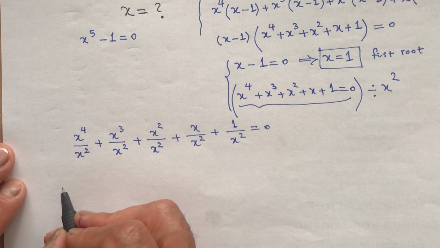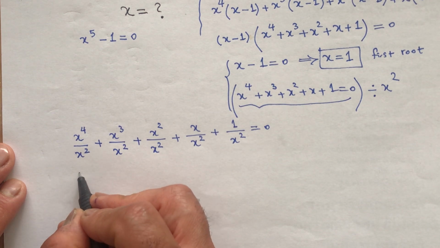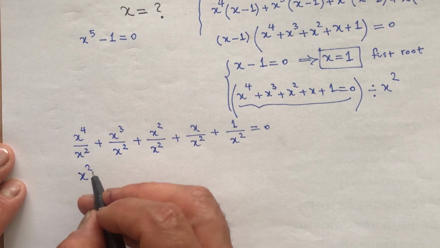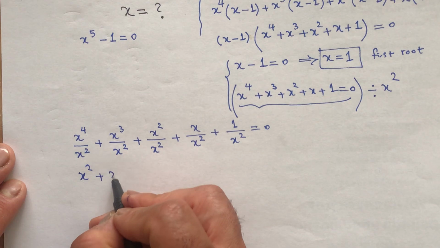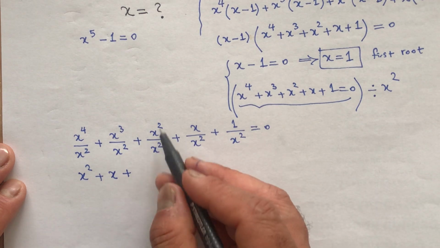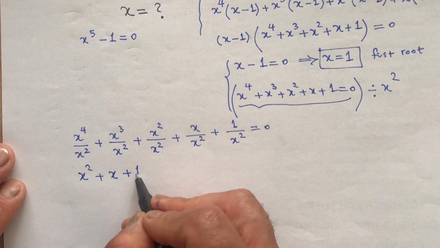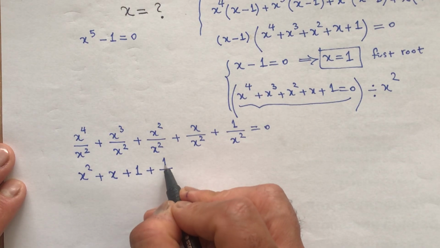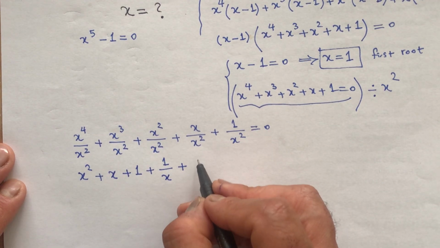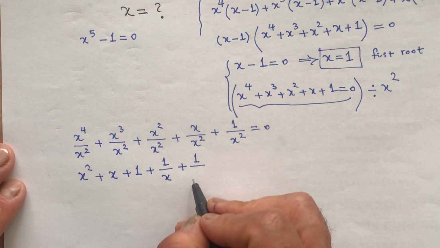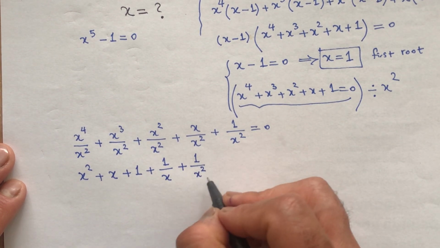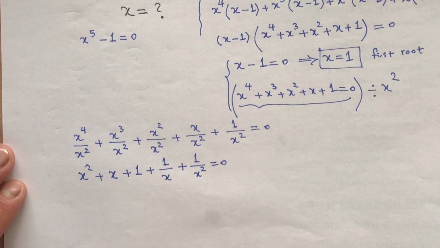Okay, I can simplify it easily. This one is x squared because it simplified the powers. The second one is only x, and the third one they cancel, so just remains 1. This one 1 over x, and the final one is left without change, 1 over x squared, equals 0.